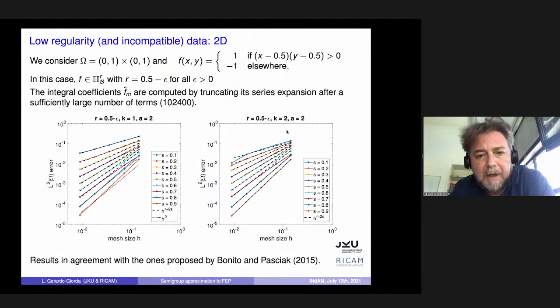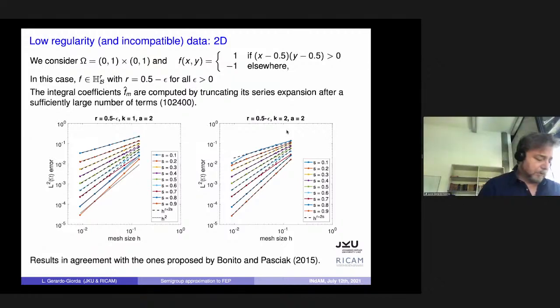And here you can see that with different orders of finite elements, we actually get the expected convergence rate. Also, I would like to point out that the results that we have here are in agreement with the results that were proposed by Bonito and Pasciak in their paper of 2000 and 2001.